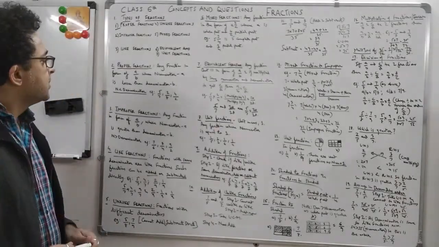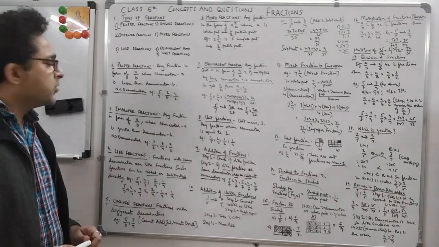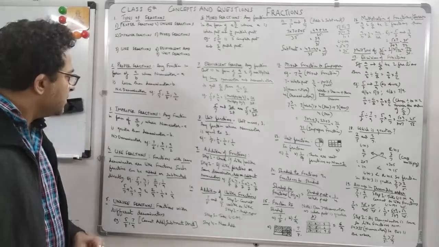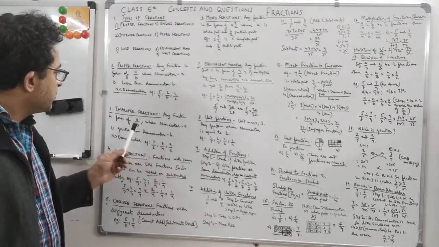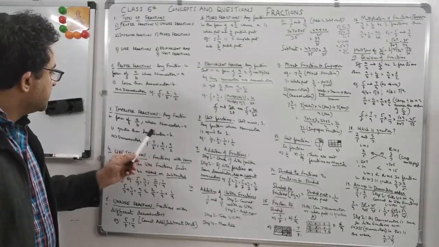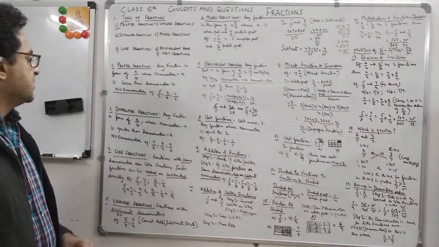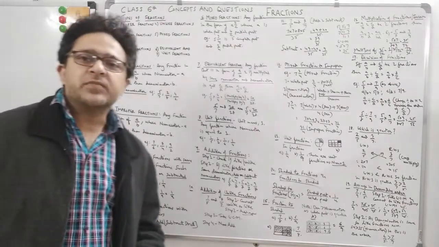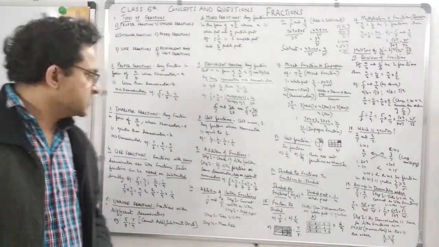Okay. Now, what about improper fractions? It's the vice versa, it is opposite. Herein, any fraction of the form a upon b with numerator a greater than the denominator b is an improper fraction.